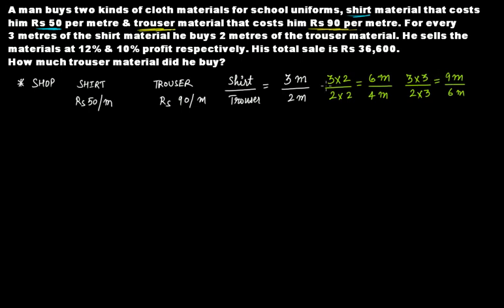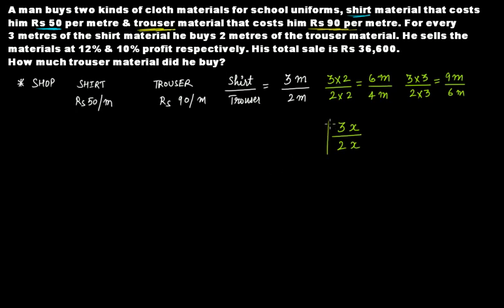So assuming from this one, let's say that you have purchased 3x meter of the shirt material. Therefore, from this one we can say that if you have purchased 3x of the shirt material, then 2x of the trouser material.